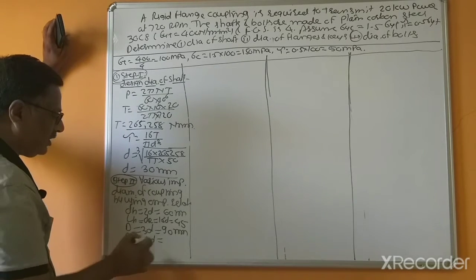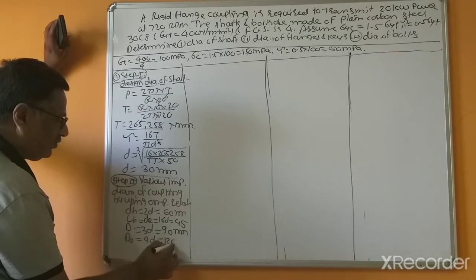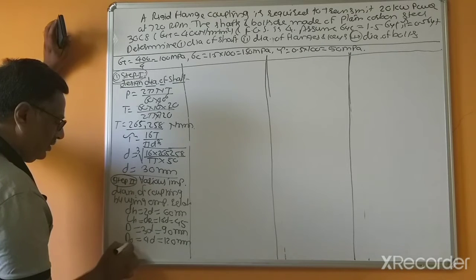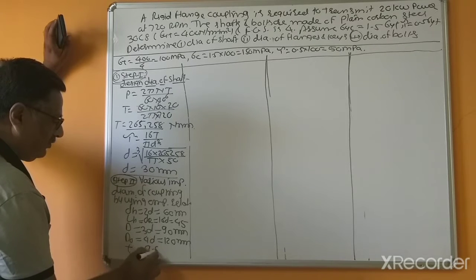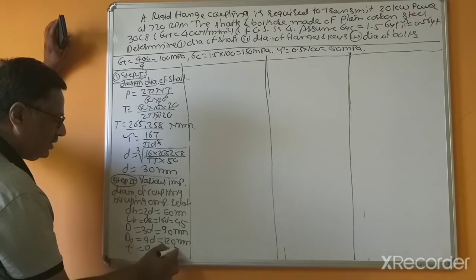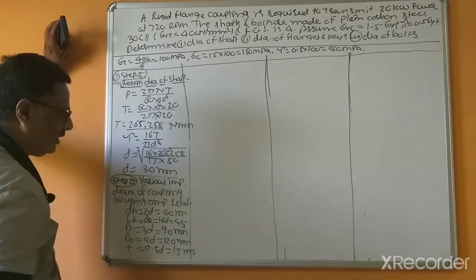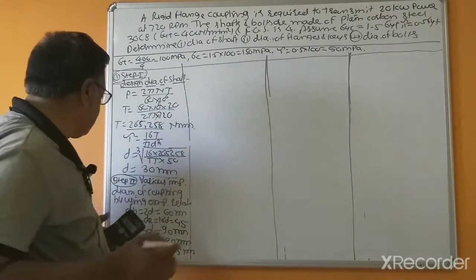Assume this is protected type, and this is 120 mm. And what is next? t is the thickness of the flange. This is 0.5 d, equal to 15 mm. These are the important dimensions.